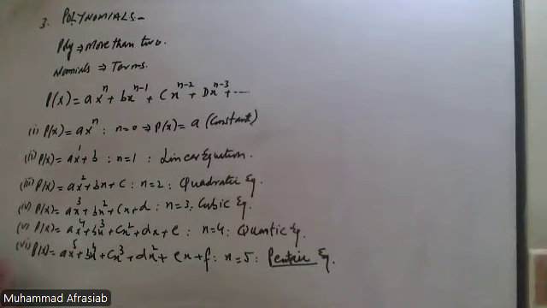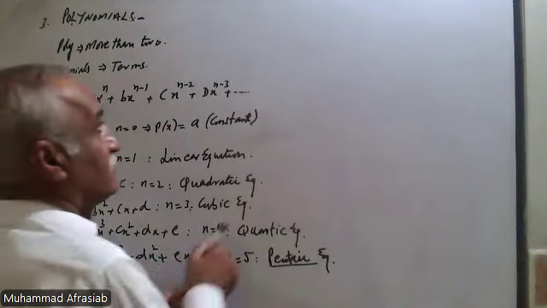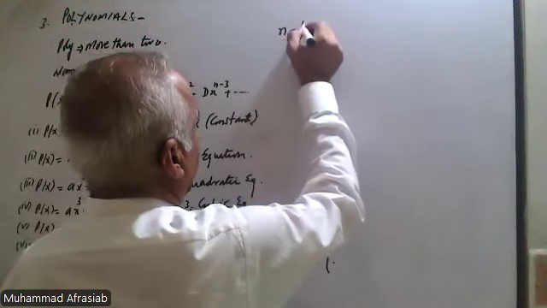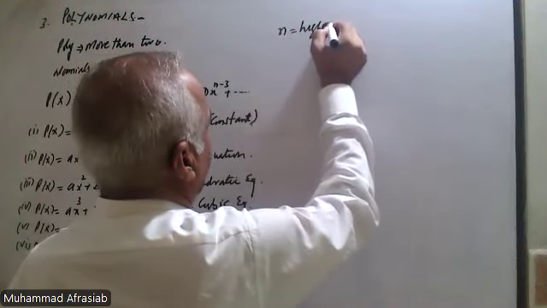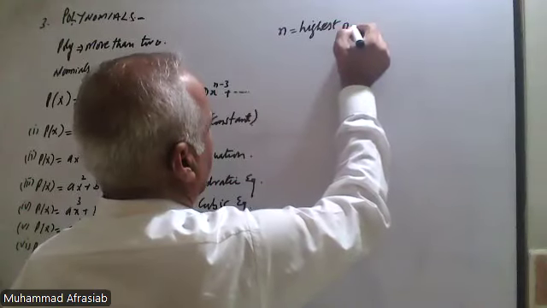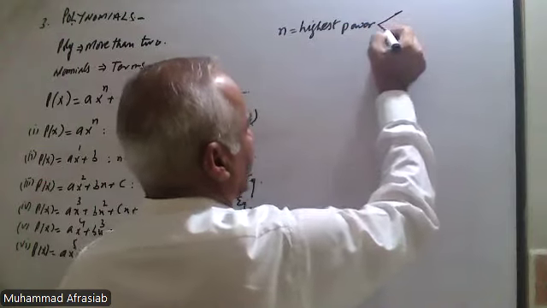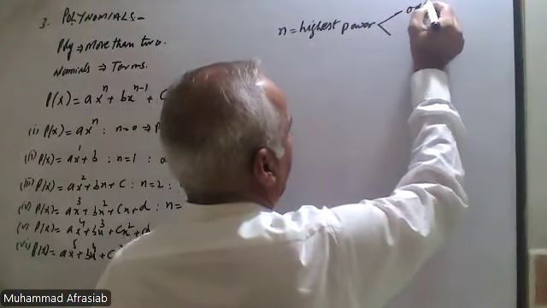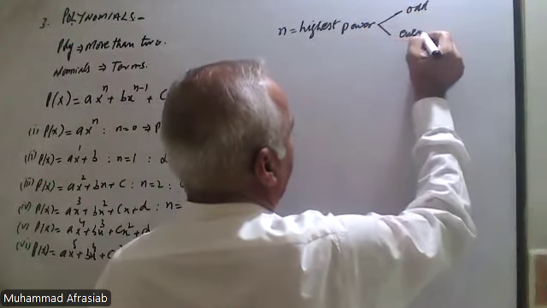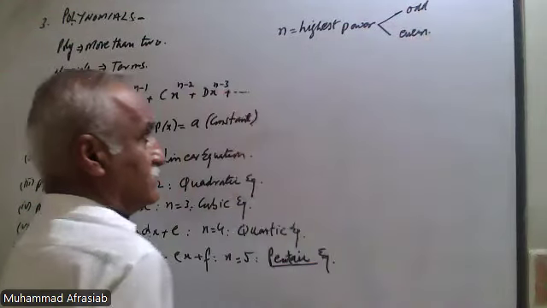Now, we will define there are two values which are important in this case. One is n, which is the highest power. So this highest power can be either an odd number or an even number.